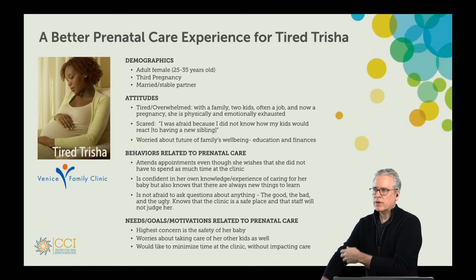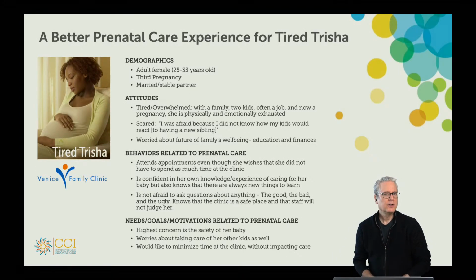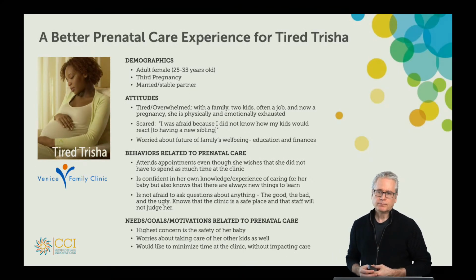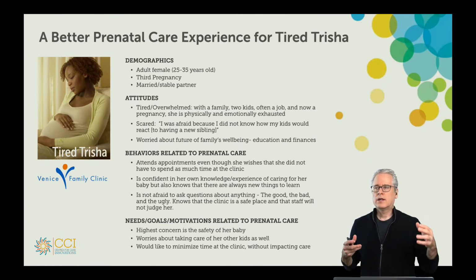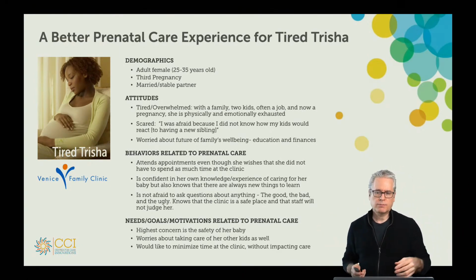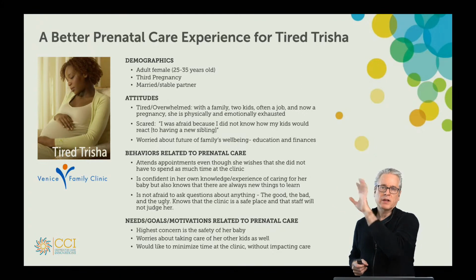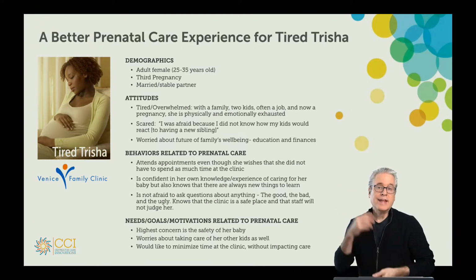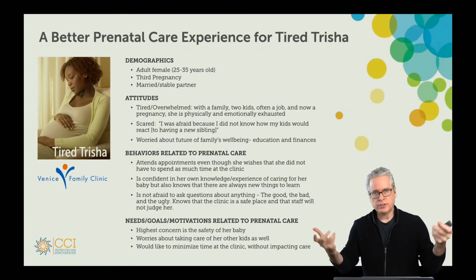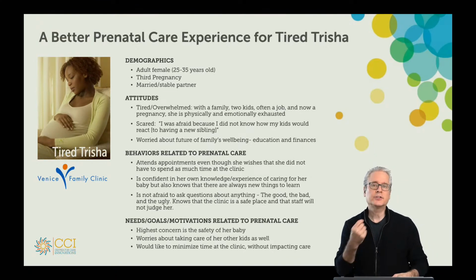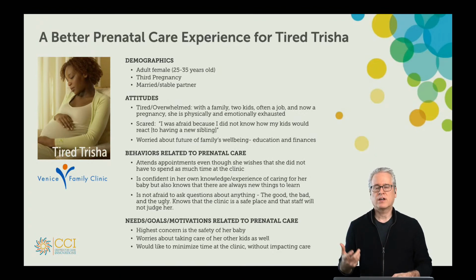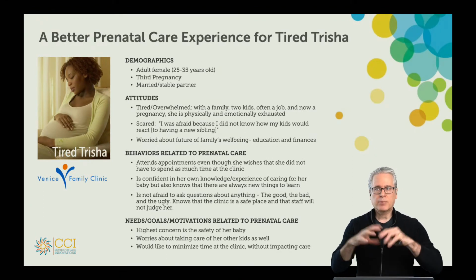Here's an example from Venice Family Clinic from several years ago. You can see that this one isn't laid out in any specific way, but it does capture the name of the character, if you will. In this case, it's Tired Trisha. We try to use this catchy name to give you a sense of who that person is.